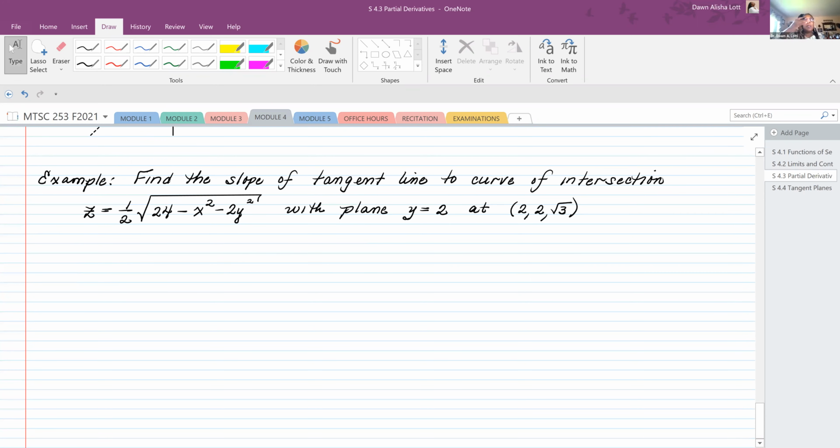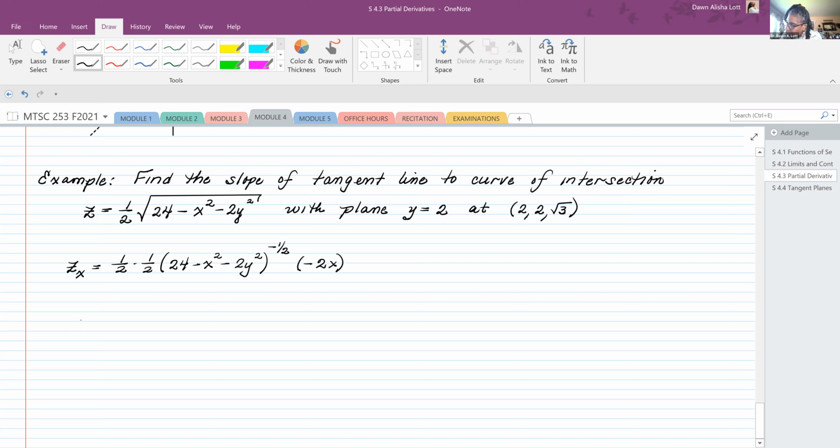Okay, so I need to find z sub x. Well, that is that thing to the 1/2 power. So when I bring the 1/2 down, I have 1/2 times 24 minus x squared minus 2y squared to the negative 1/2 power. And then I have to multiply by minus 2x, which is the derivative on the inside.